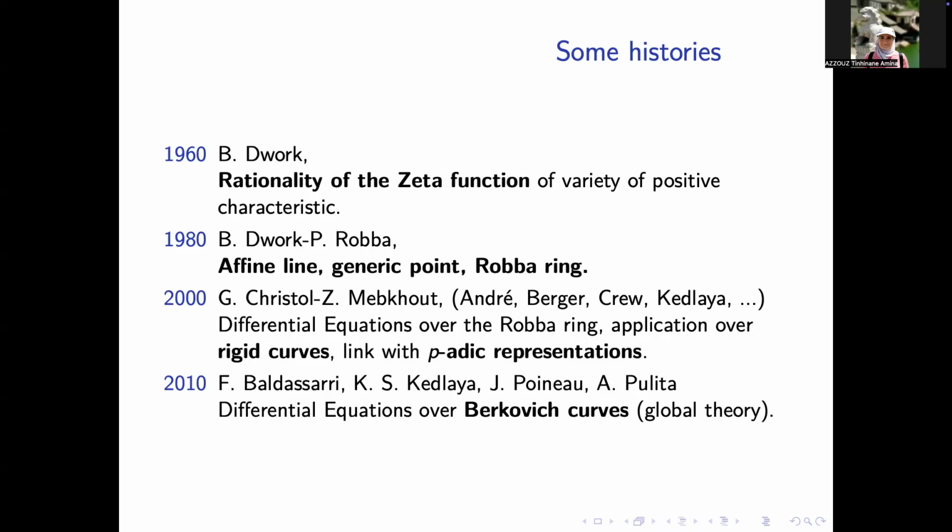And how did the theory of p-adic differential equations develop? Let me say some history. This topic gained a lot of interest since the work of Dwork in 1960, when he proved the rationality of the zeta function of a variety of positive characteristic. After this work, there was a series of works of Dwork and Robba where they developed this theory more.